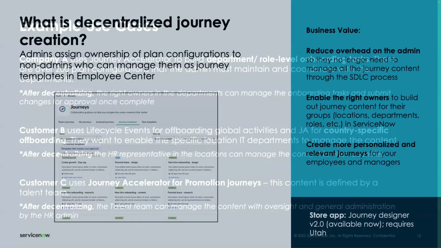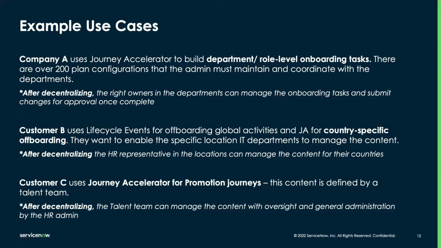And with that, I'll just give one more example on top of the offboarding example, and then I'll dive into the demo. Looking at this first one, Company A uses Journey Accelerator to build department and role level onboarding tasks. However, there are over 200 plan configurations representing each of the departments and roles that have their own sets of tasks.